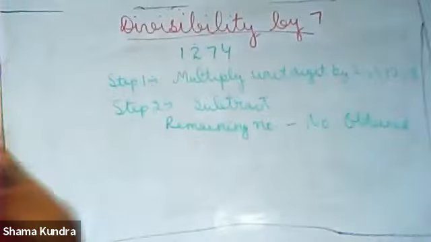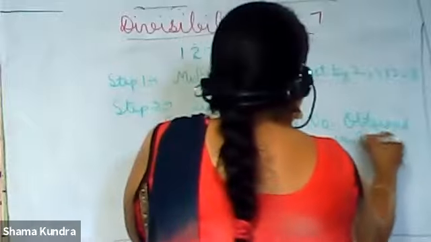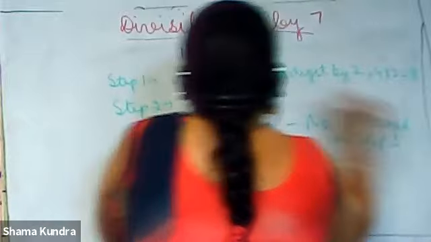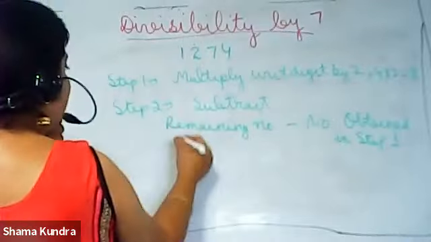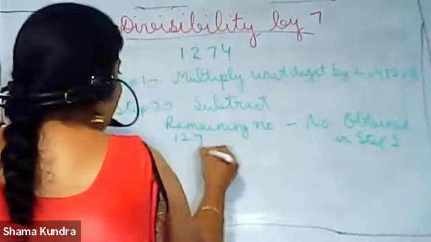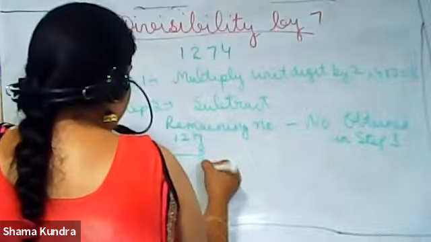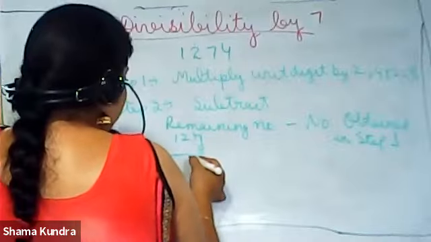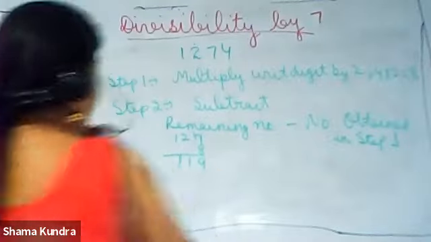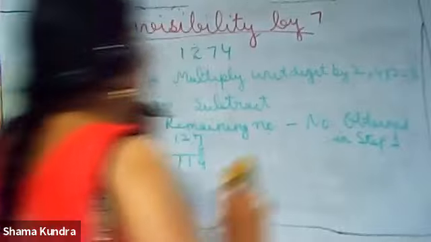Now the remaining number is 127. The number obtained in step 1 is 8. What we will get? 119. Here it is 11 and 9. And now to check it, again repeat the same process for 7.